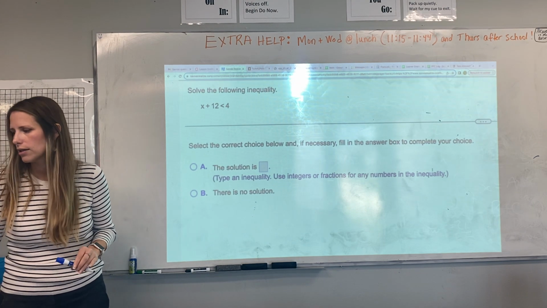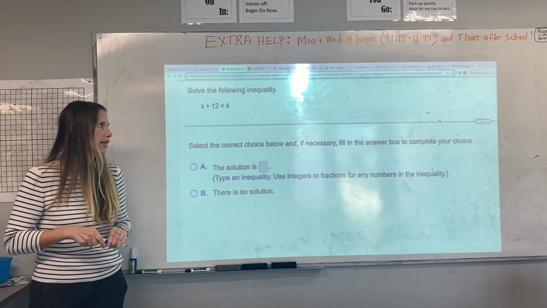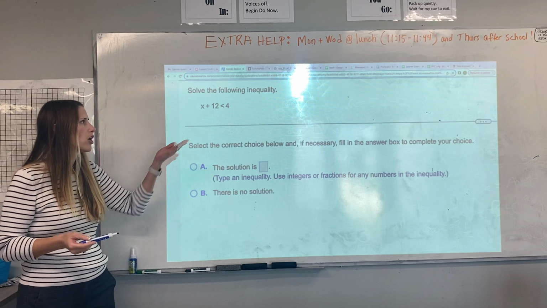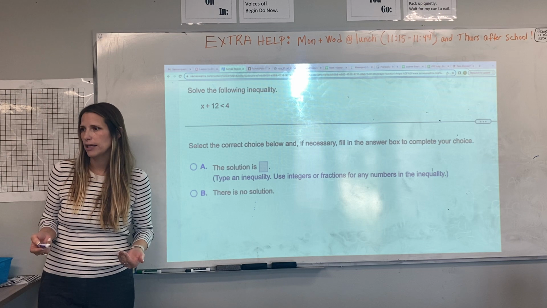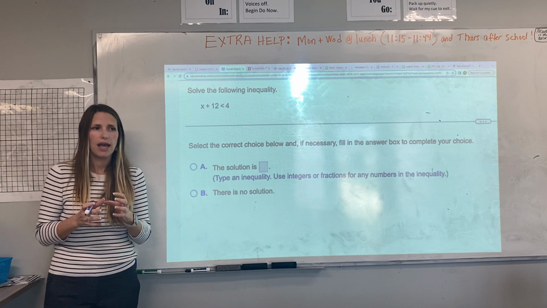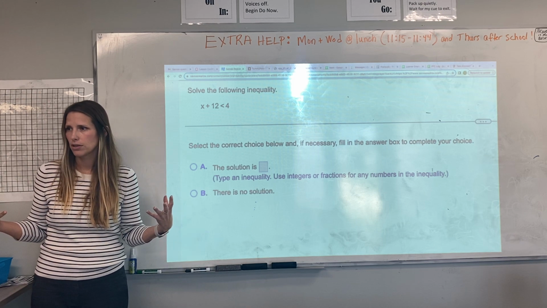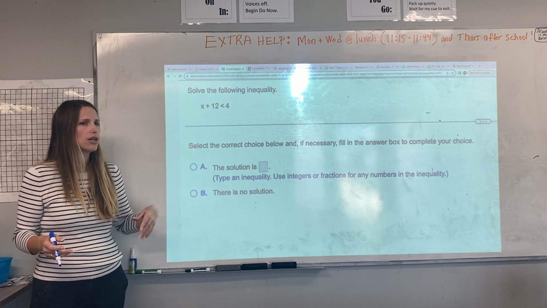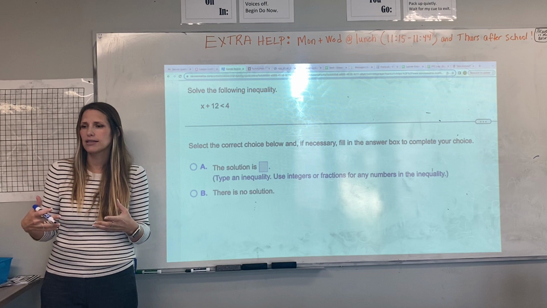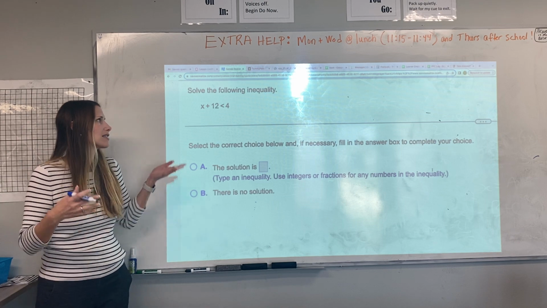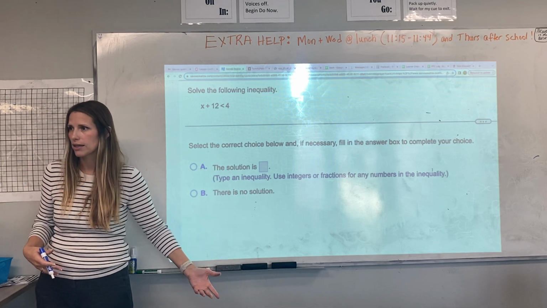Okay, solve the following inequality. Instead of calling this an equation, it's called an inequality because we're dealing with a set of numbers as a solution for x. So it's not just gonna be like x is 2, x is negative 5. It's gonna be x is anything that's less than something.